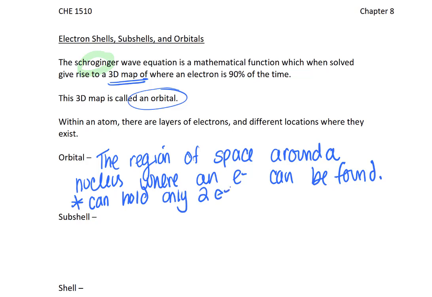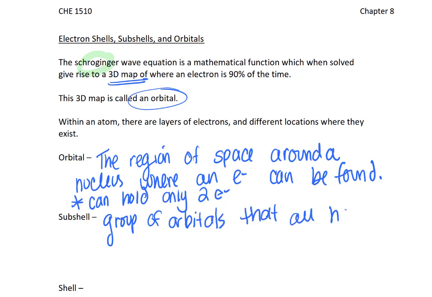So a subshell is different than an orbital. A subshell is kind of like an orbital type. These types of orbitals have letter designations of S, P, D, and F. So our subshell is really a group of orbitals that all have the same energy.